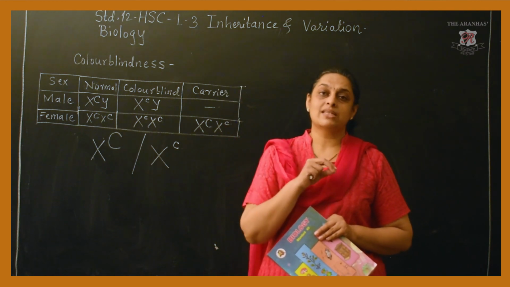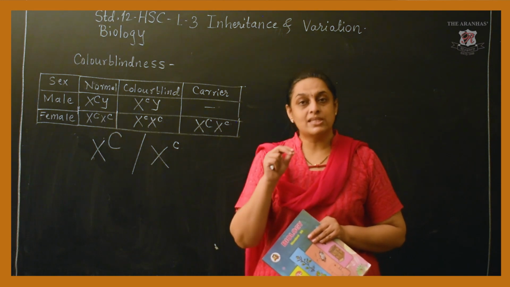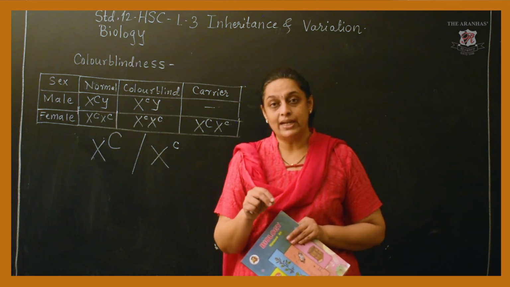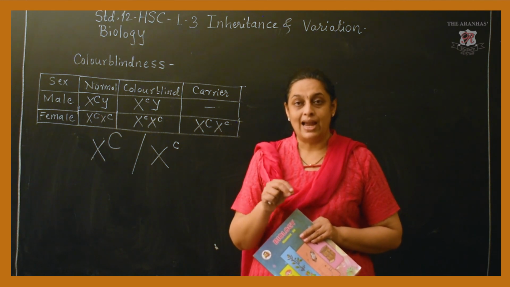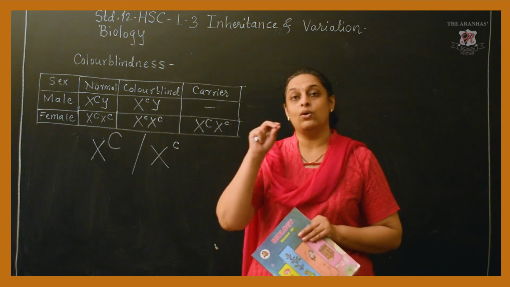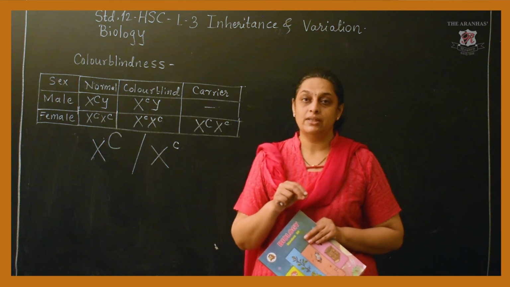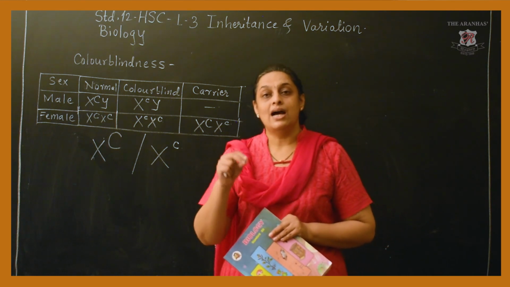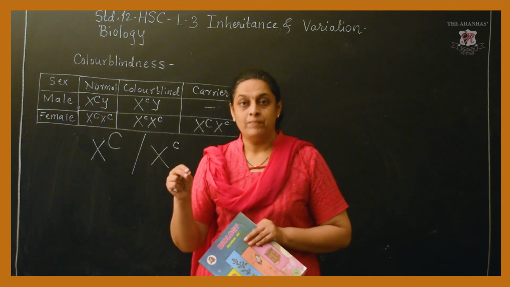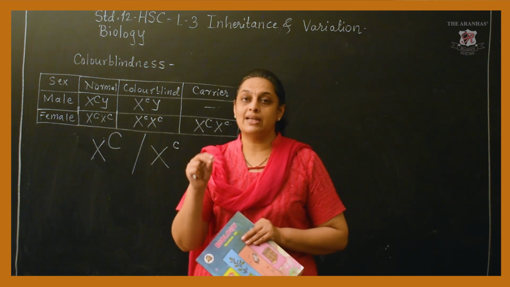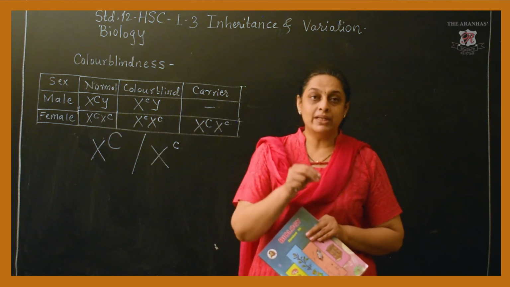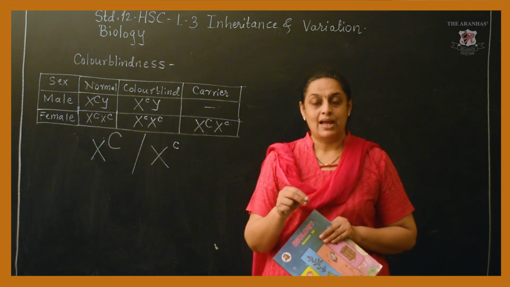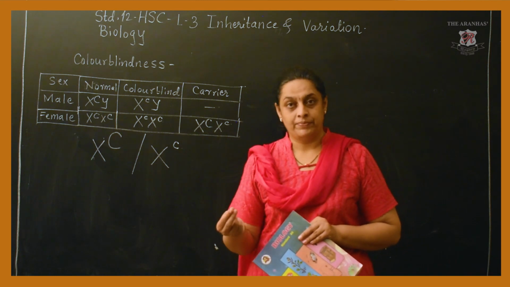Now we are going to discuss two such genes located on the X and Y chromosomes, on the non-homologous region, and let us see how their inheritance is. This inheritance is called criss-cross inheritance, that is mother to son and son to daughter.